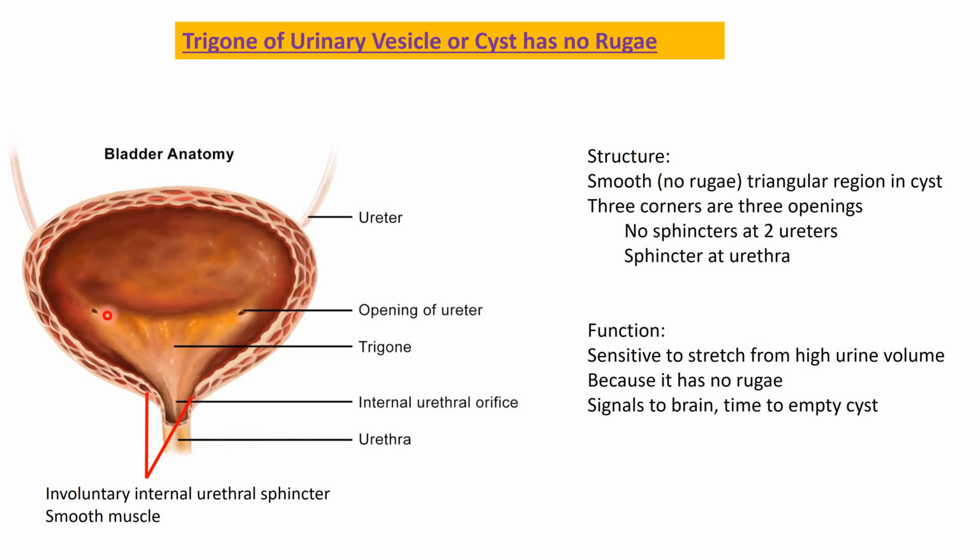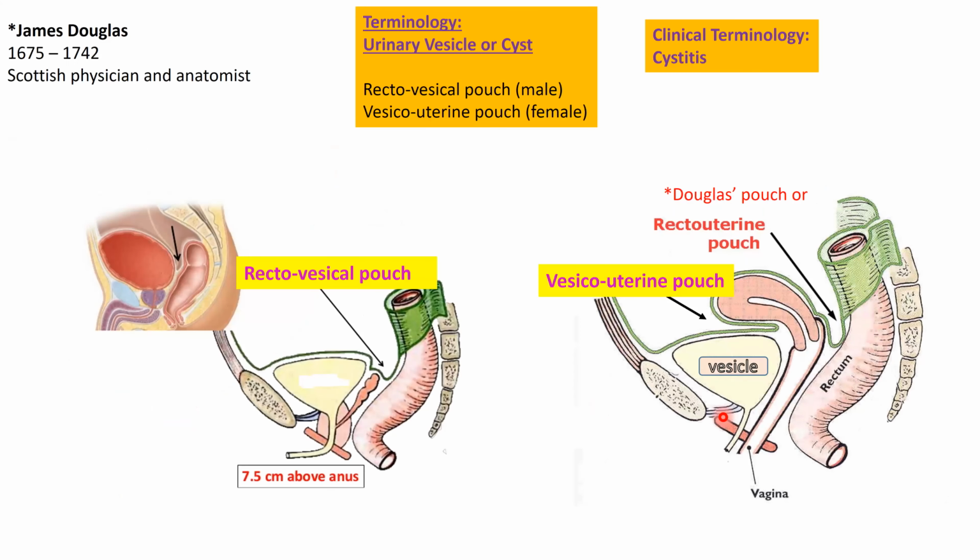So how is the urine not going to flow back from here to there? Because there is a little valve here. What is the function of this trigone? It is sensitive to stretch. You remember there's no rugae, so it cannot open up and flatten out like rugae can do during high urine volume. So it's going to be really stretched, which is going to be a signal to the brain that it's time to look for the bathroom.